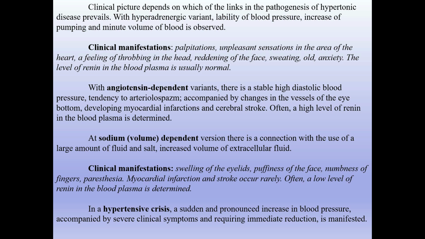With the sodium-dependent variant, there is a connection with the use of a large amount of fluid and salt, and increased volume of extracellular fluid. Clinical manifestations: swelling of the eyelids, puffiness of the face, numbness of fingers, paresthesia. Myocardial infarction and stroke occur rarely. Often, a low level of renin in the blood plasma is determined.